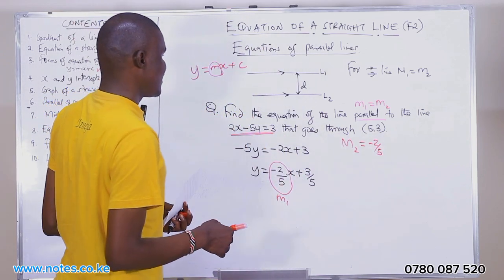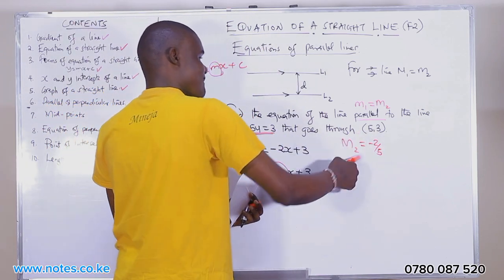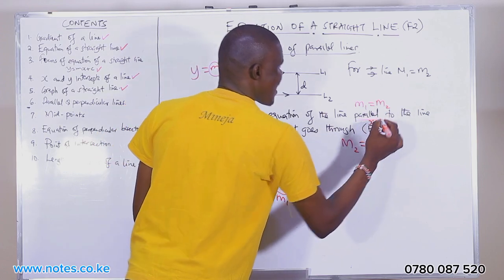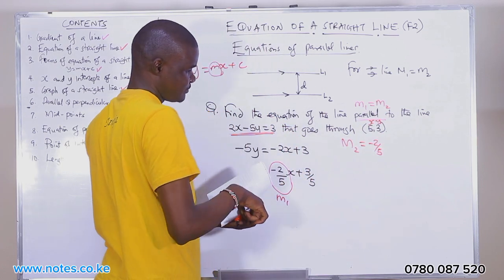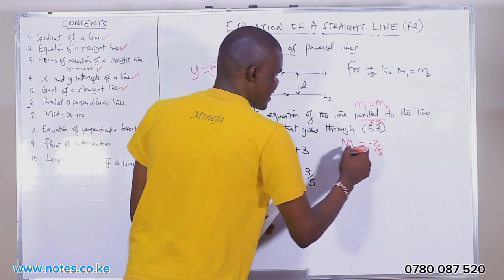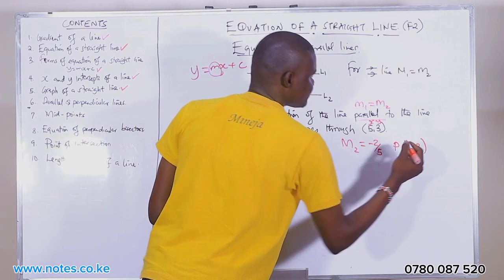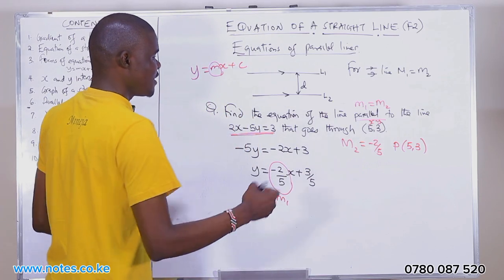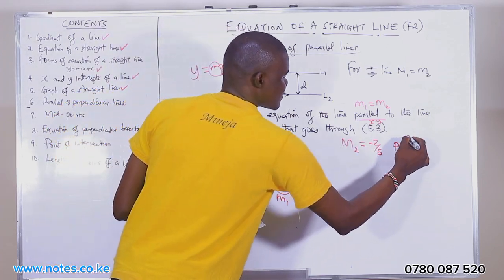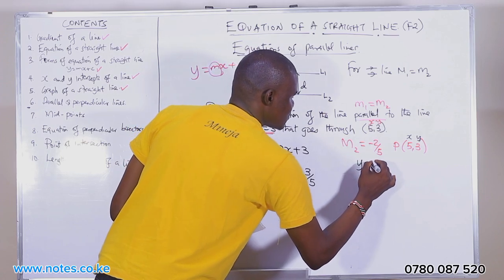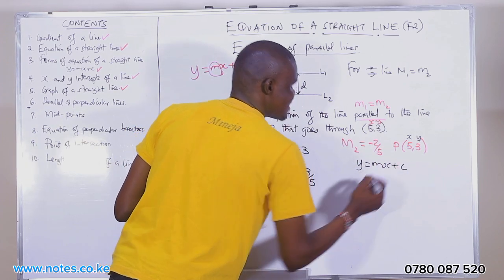Simple. And then now, because you have the M and a given point, label it as x and y and replace. So you have the M2 now and the point (5, 3). So simply label it x, y. This is M. So we say y is equal to mx plus c.